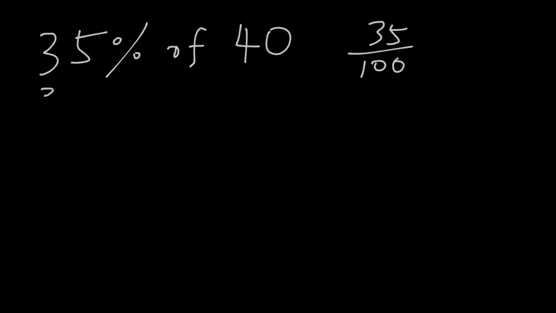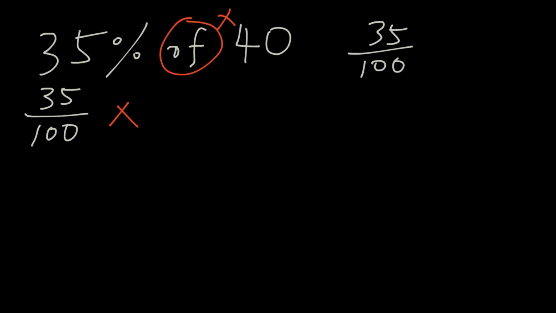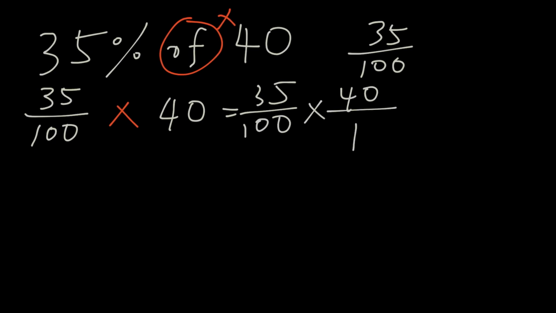So we'll rewrite the equation like this: 35 over 100. And the of is times, so we're going to times it by 40. And we can rewrite it: 35 over 100 times by 40 over 1. And then you will get 1400 over 100, which equals 14.